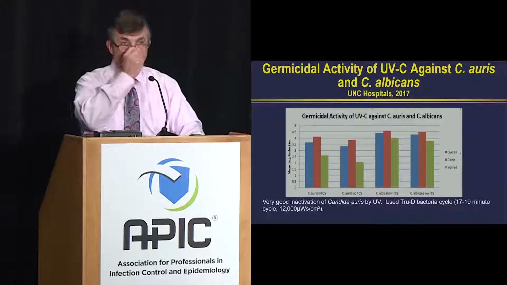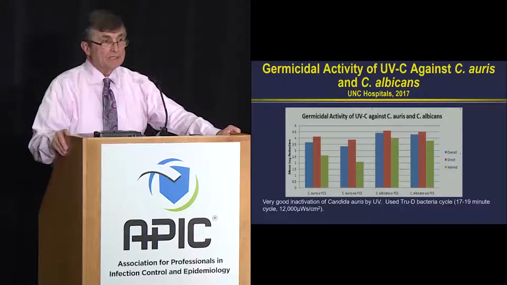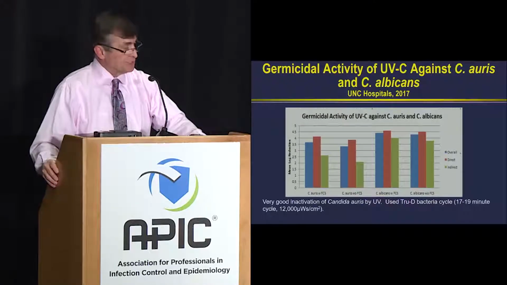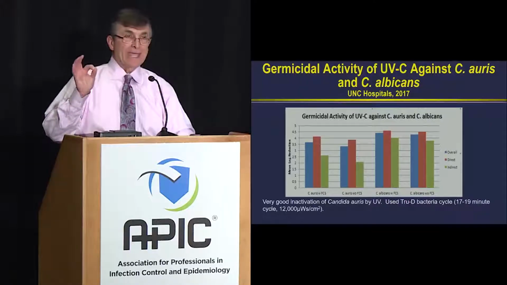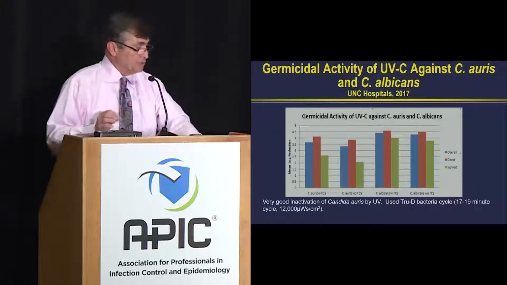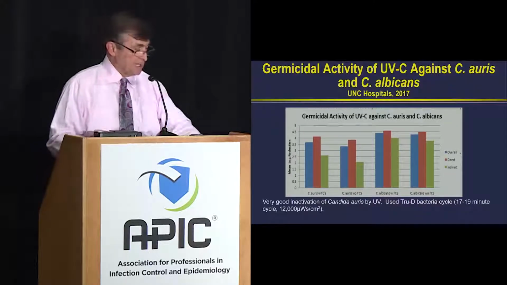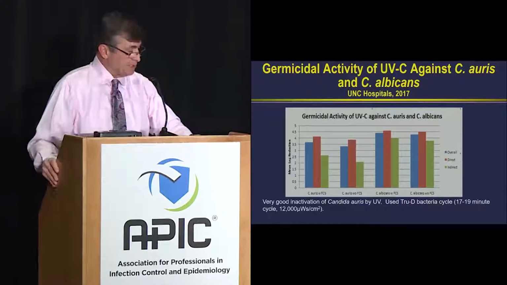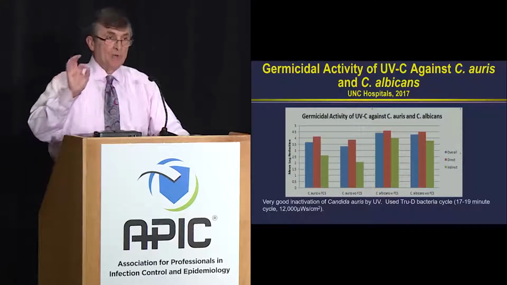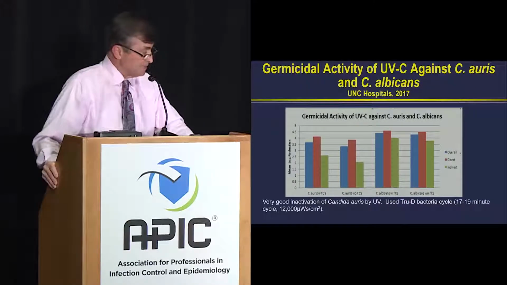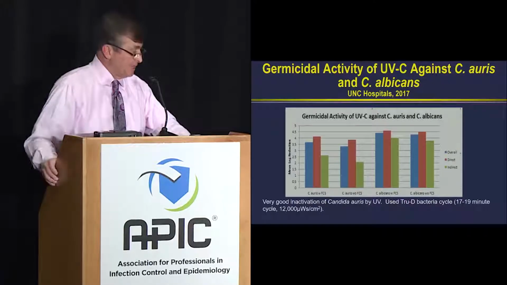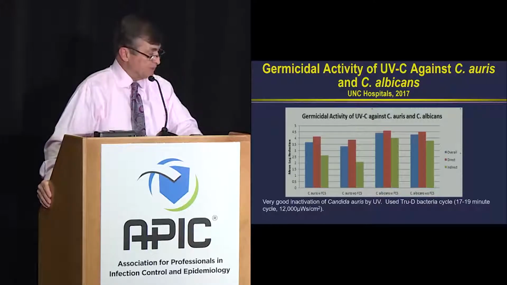The other thing that I wanted to mention are some studies that Maria did at UNC hospitals on germicidal activity of UVC against Candida auris and compared it to Candida albicans. We see in this particular study, which used the TruD technology in a bacterial cycle, not the sporicidal cycle, the bacterial cycle, which has a 17 to 19 minute cycle and has a dose, of course, that is being delivered of 12,000 microwatt seconds per centimeter square.